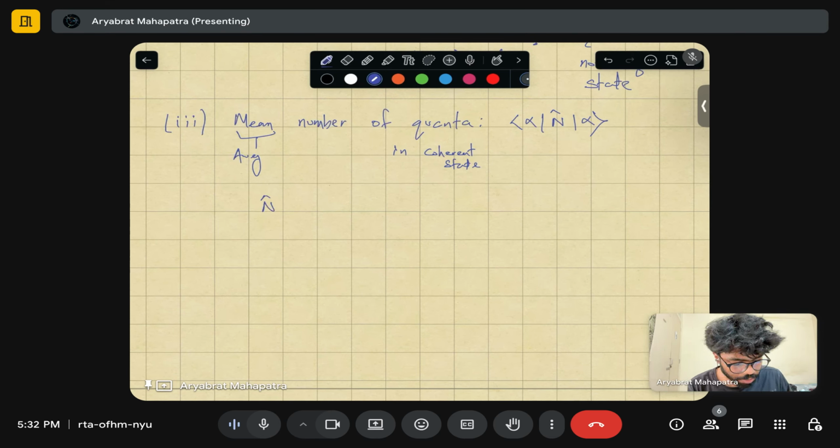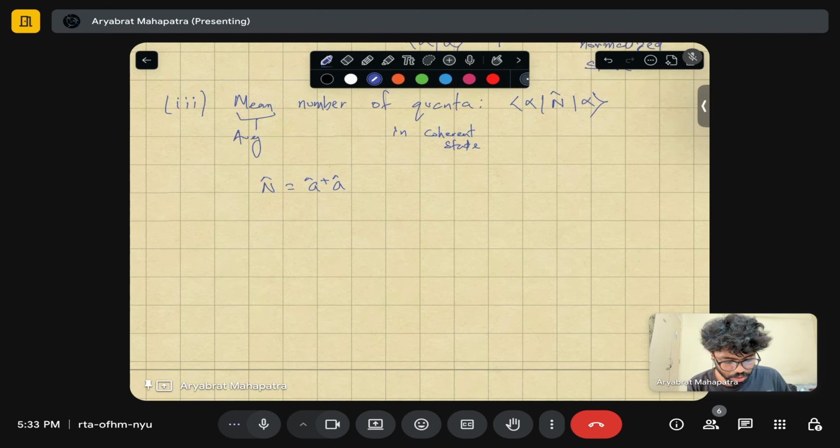For the harmonic oscillator, you know this n operator is given as a dagger a. So if you calculate alpha n alpha, you will get alpha a dagger a alpha.